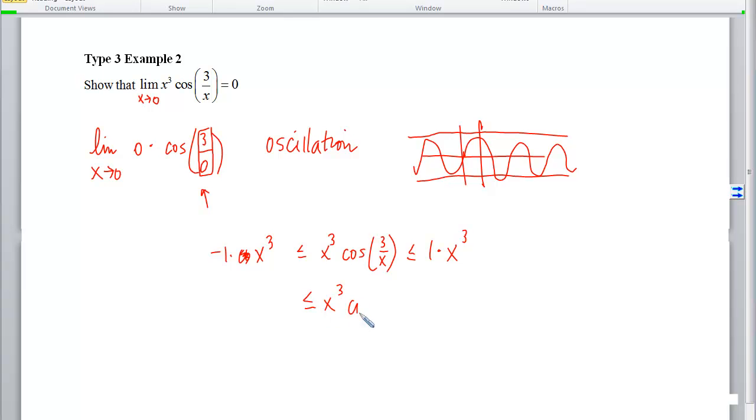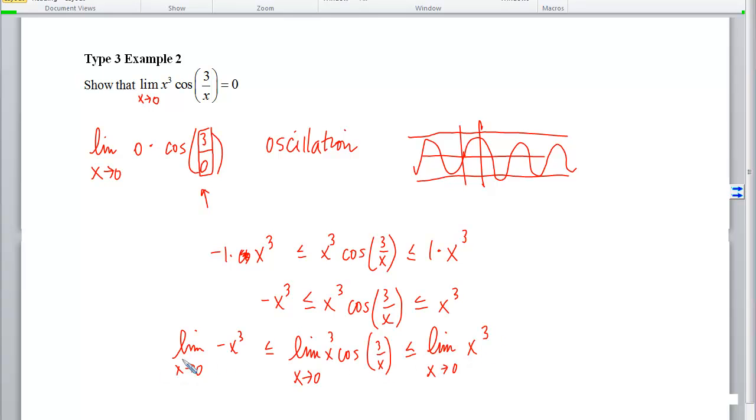That means, graphically, this curve will always be between the x cubed curve and the negative x cubed curve. So if we can compute the limits as x approaches 0 on all three, we should be able to compute the limit altogether.